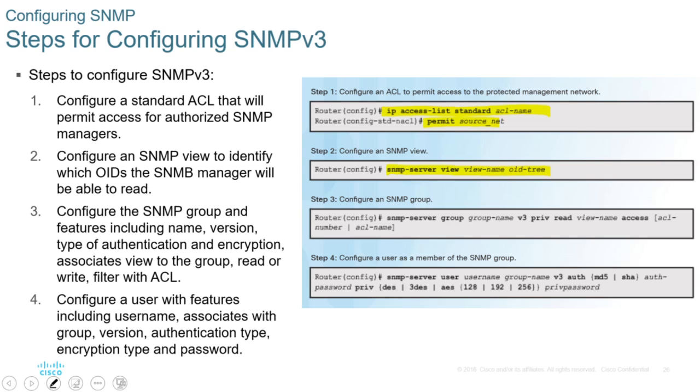Again, we can specify which information can be made available there, and then we can configure an SNMP group and specify which ACL is allowed to access. We can configure the usernames, associate them with groups, and all these things.